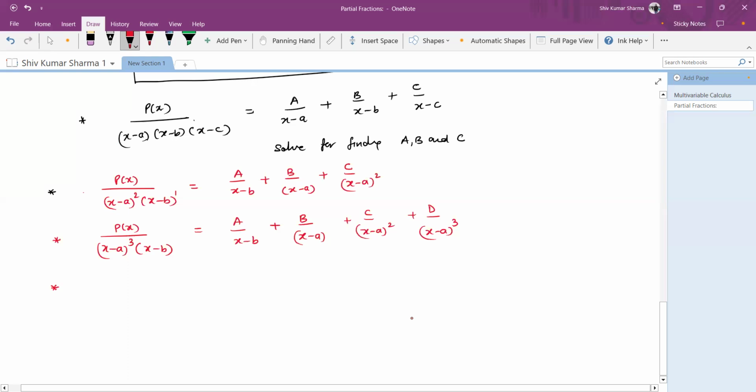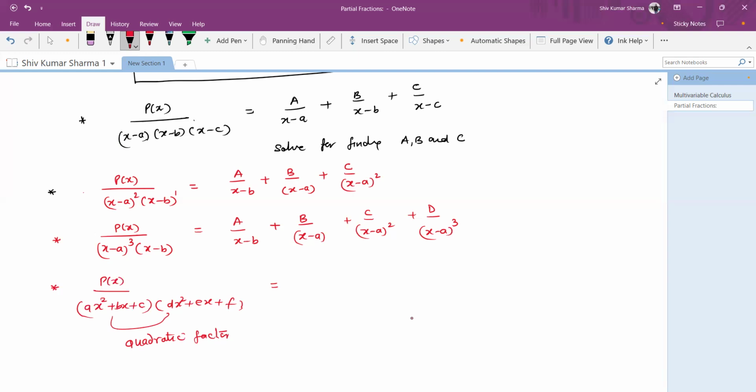When we have the function in the form px upon, ax square plus bx plus c, and the second factor is dx square plus ex plus f, both are quadratic factors. So if both are quadratic factors, how to do the partial fraction of these?